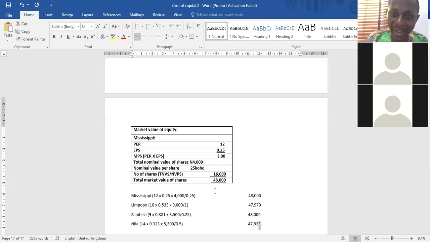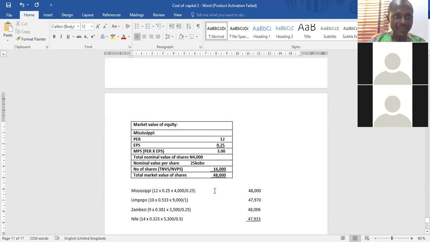So you will add the four together. That is the total market value of equity of the proxy company.